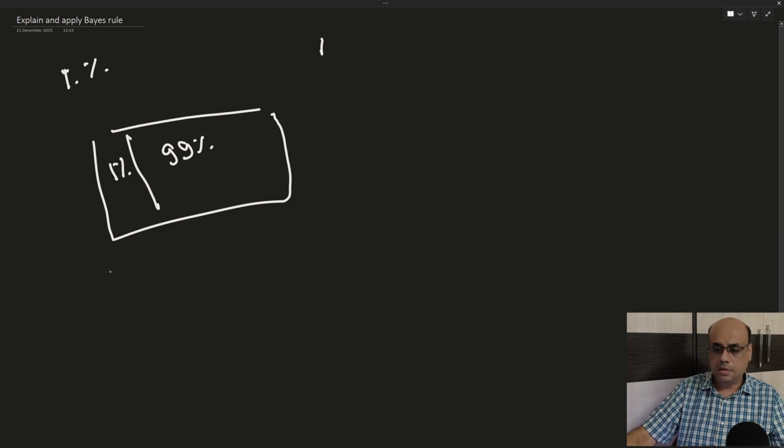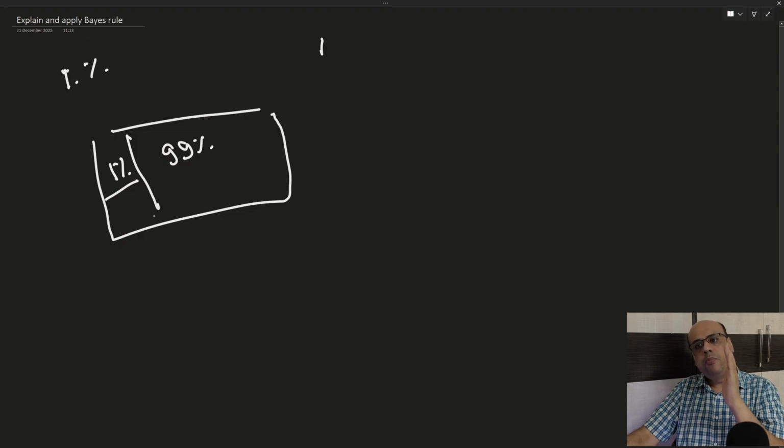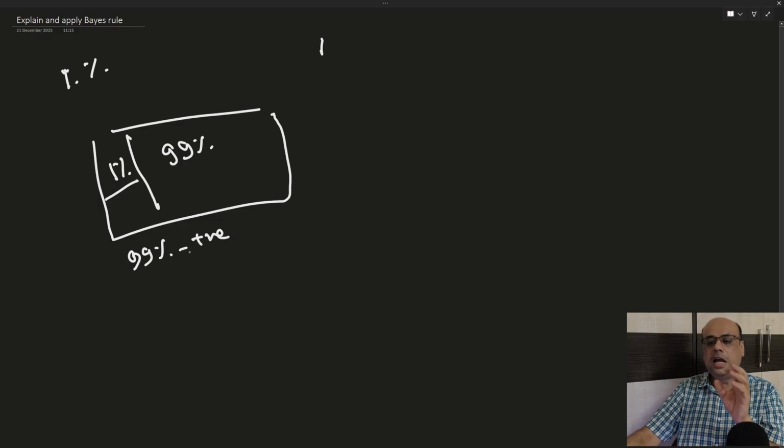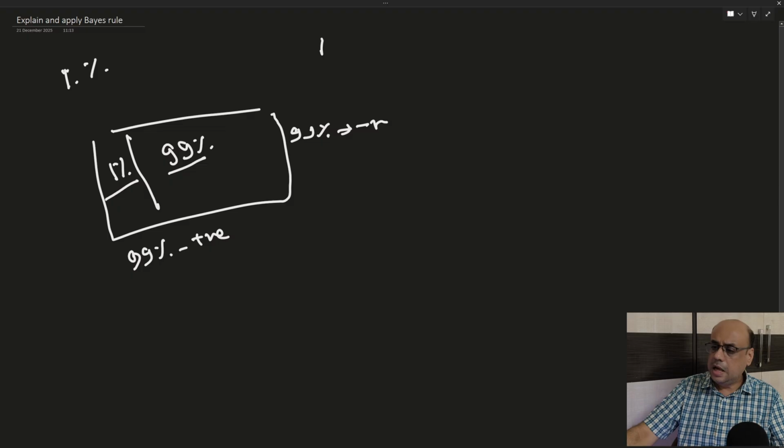Now there is just one more piece of information. For the 1% who actually have the disease, if they undergo a certain test, that test gives 99% positive results, which means 99% of the time it detects properly, and 1% it does not detect. And similarly, for the 99% who do not have the disease, 99% of the time the test gives negative, and 1% of the time it gives positive.